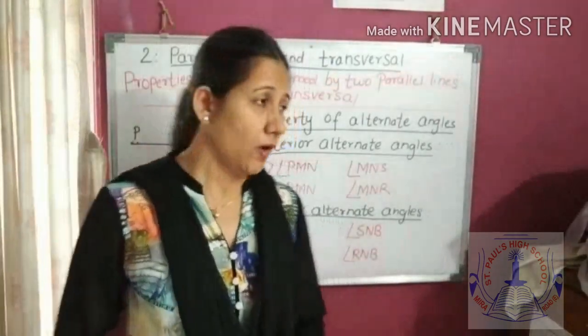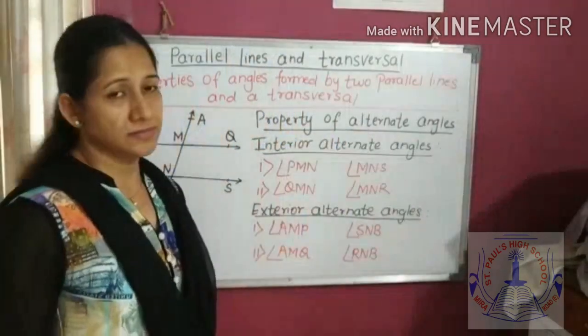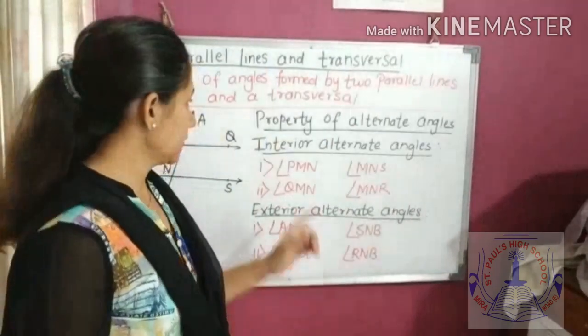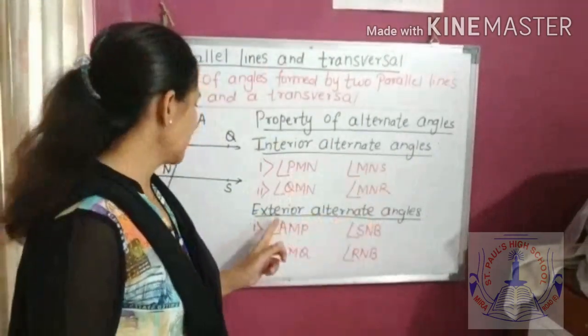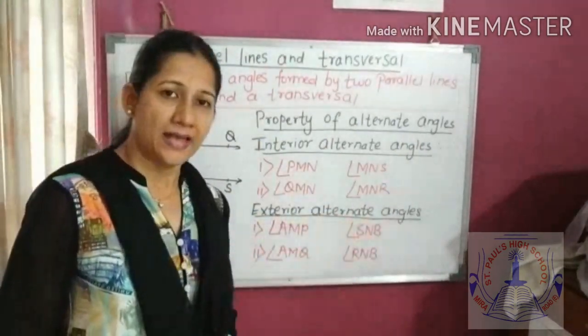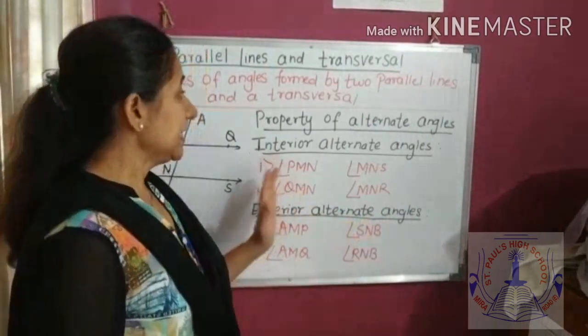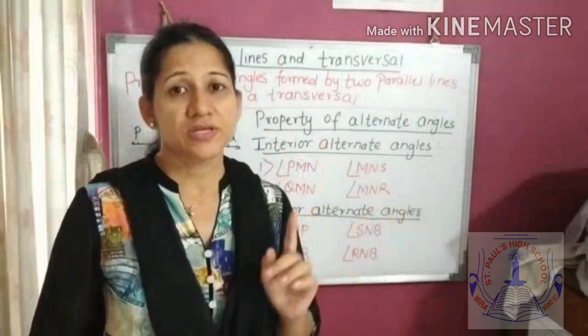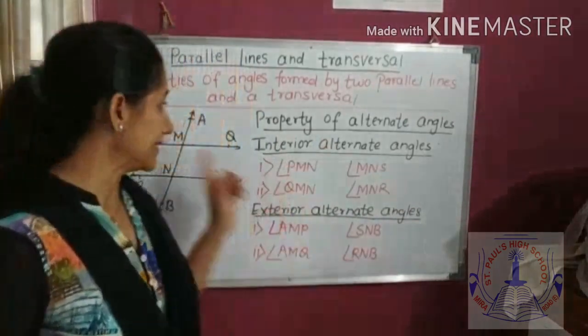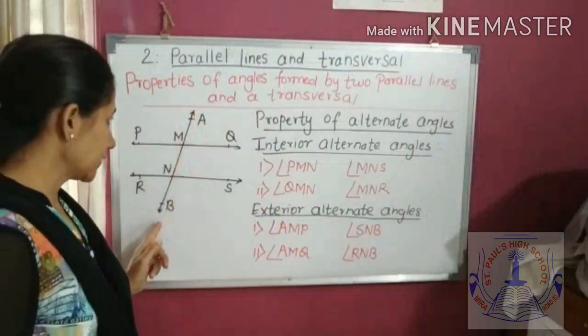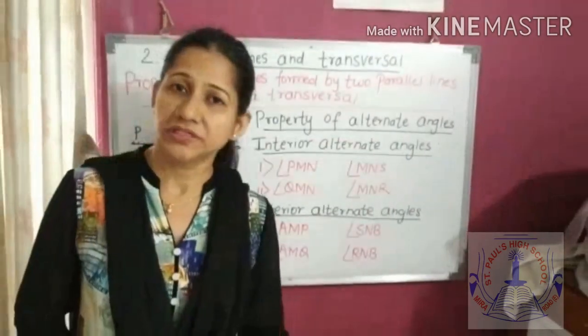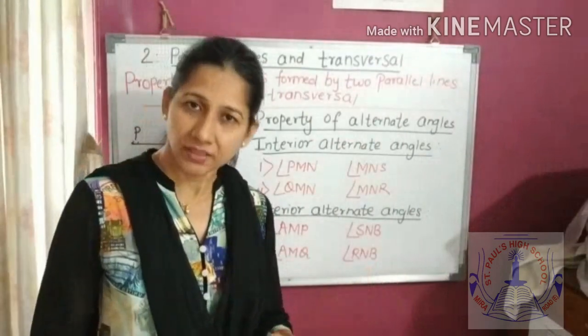Now students, the next is the property of alternate angles. In alternate angles we have interior alternate angles and exterior alternate angles. Each pair of alternate angles formed by two parallel lines and a transversal are congruent to each other.